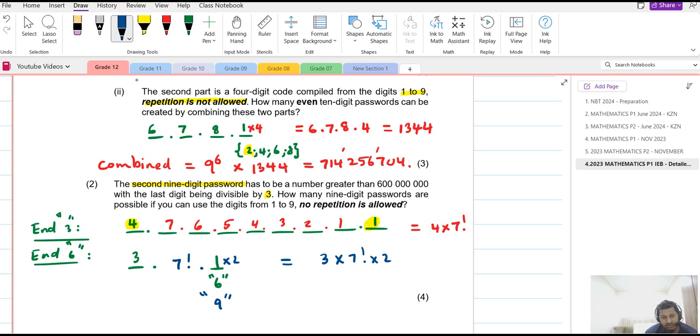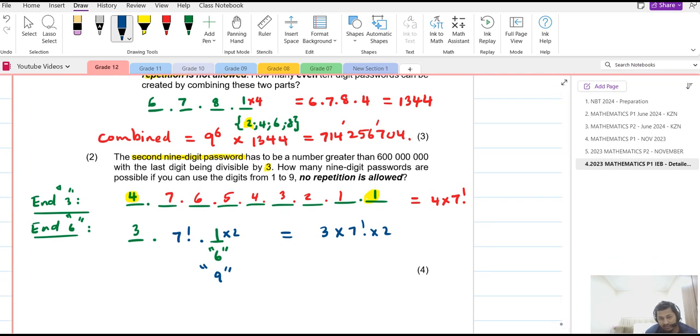So what's your final answer? How many possible codes are possible? It's this one plus this one. How many 9 digit passwords are possible if you can use the digits from 1 to 9, no repetition? So number of passwords is equal to 4 times 7 factorial plus 3 times 7 factorial times 2.